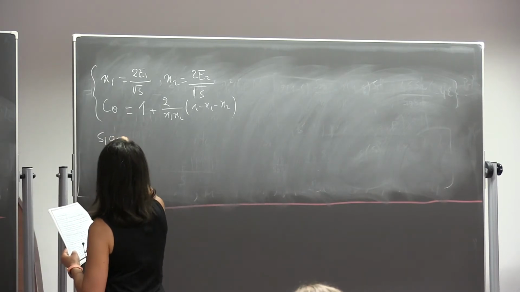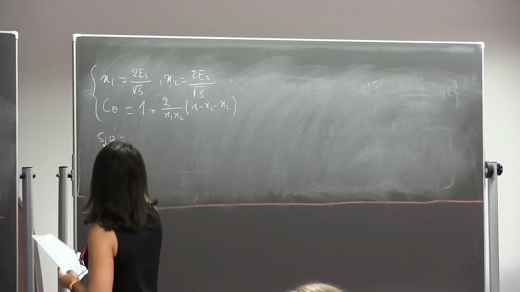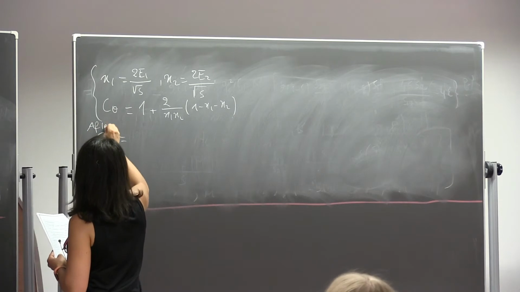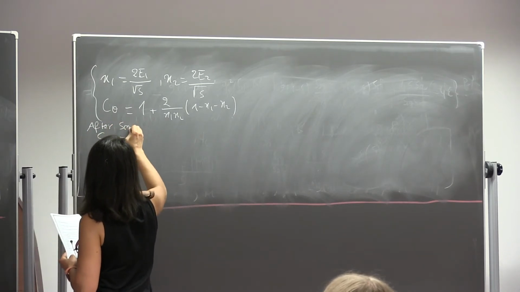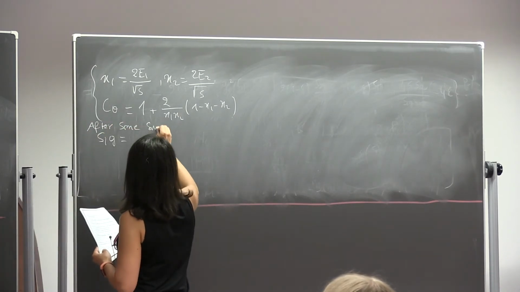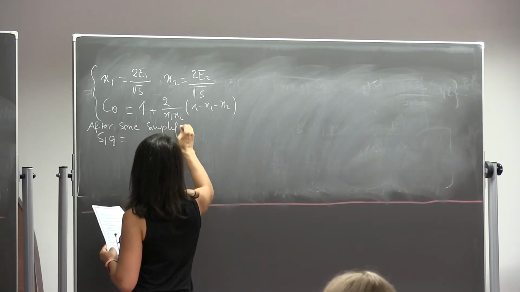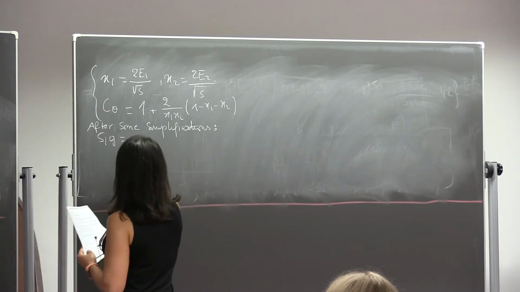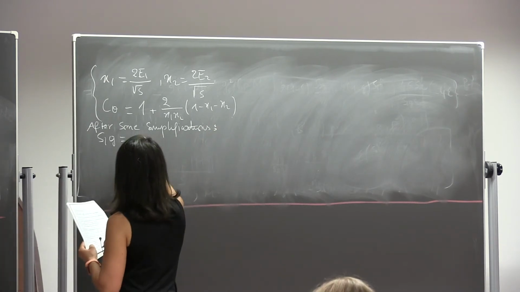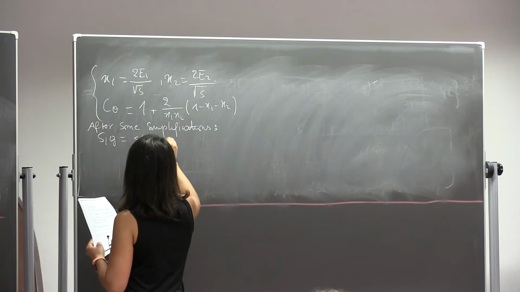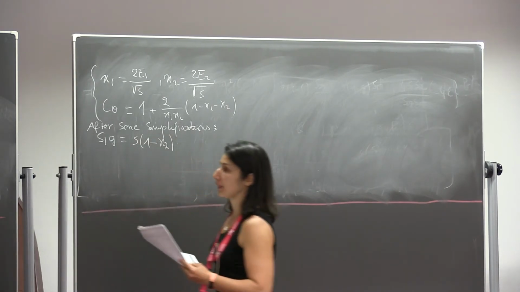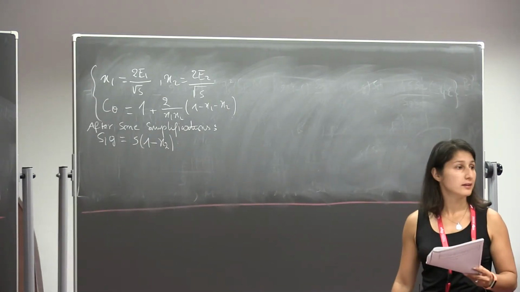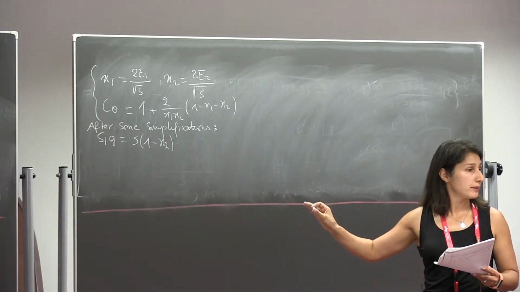We can simplify it after simplifications, which you can do in Mathematica if you wish. What we get is that S1G is simply S times 1 minus x2. Okay? It becomes pretty simple.